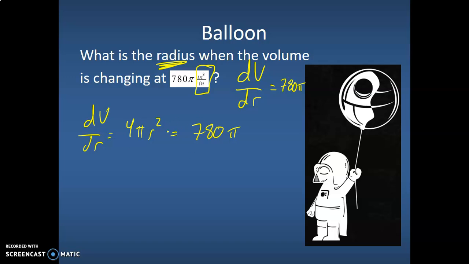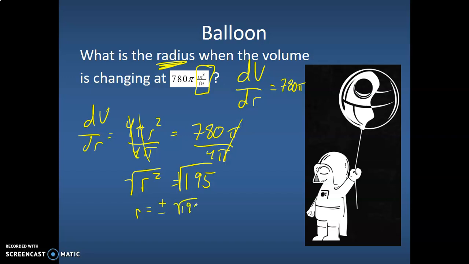So I just need to solve this equation, divide both sides by 4 pi. So r squared is equal to, pi's cancel out, 780 divided by 4, I get 195. And then square root both sides, it would be the positive or negative square root of 195.